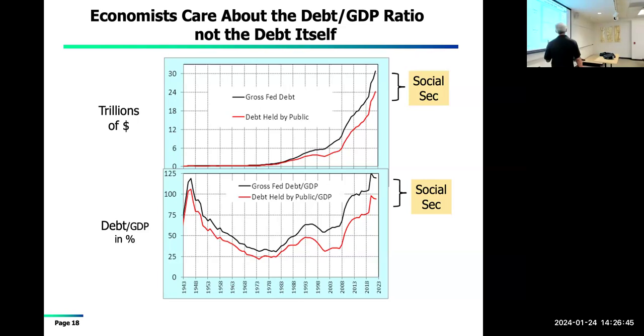The economics of debt is not about debt per se. It's about what is it for? Why do we have it? And what good is it to increase it? And what good is it to decrease it? And there are political incentives there. It's easy to increase federal debt.